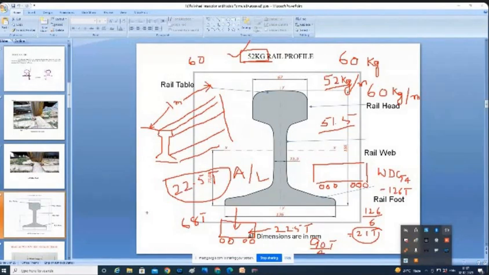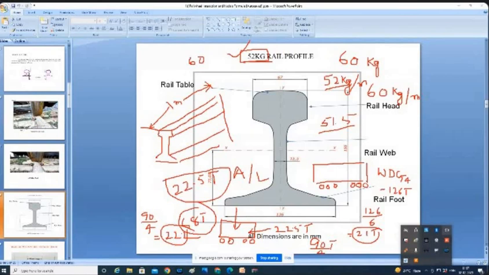So 90 divided by 4, it will be some 22, so almost we are reaching this tonnage. Whenever this tonnage is there, our traffic people as well as the commercial department, instead of 68 ton, if they load some 69 ton, or 2 ton extra or 3 ton extra, what will happen?